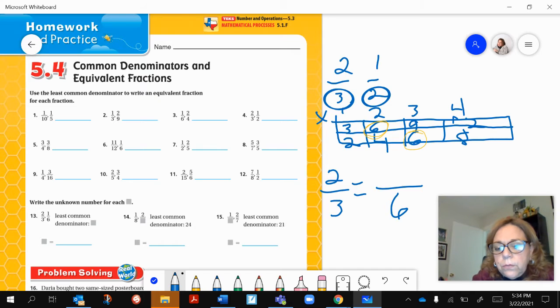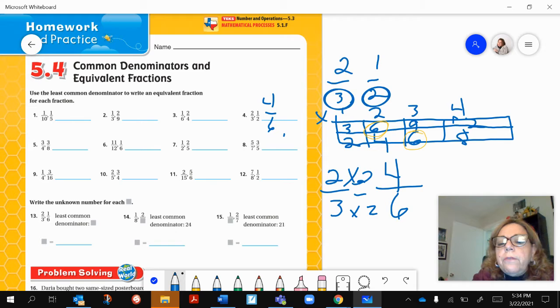What did I do to get from 3 to 6? Yep, I multiplied it by 2. 3 times 2 equals 6. I also know that whatever I do to the denominator, I must also do to the numerator. So 2 times 2 equals 4. So 2/3 is the same as 4/6.